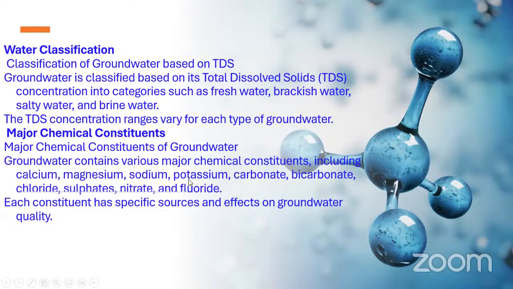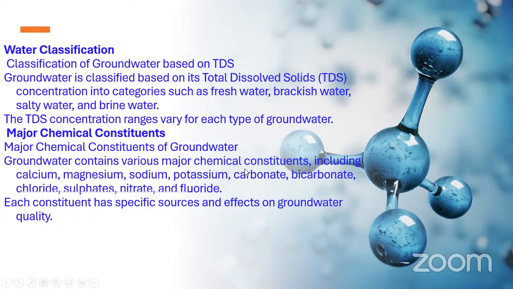Major ions means cations and anions. So cations and anions come under the major ions. These are the main chemical constituents of the groundwater or water quality. And each constituent has specific sources and effects on groundwater quality.